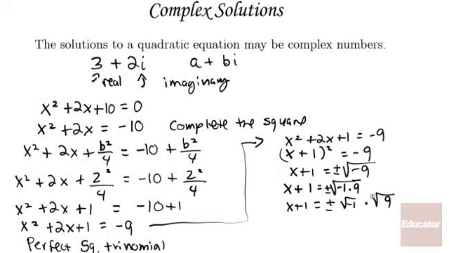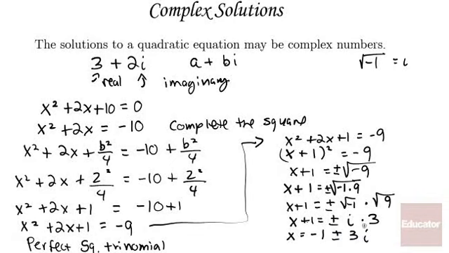Recall that with complex numbers, the square root of negative 1 is equal to i. Okay, so this is going to give me x plus 1 equals plus or minus i times the square root of 9, which is 3. Therefore, now this is something I can work with. x equals, I'm going to subtract 1, negative 1 plus or minus 3i.